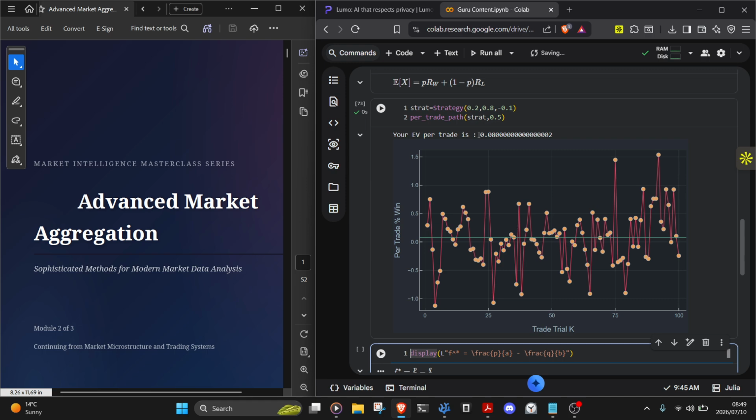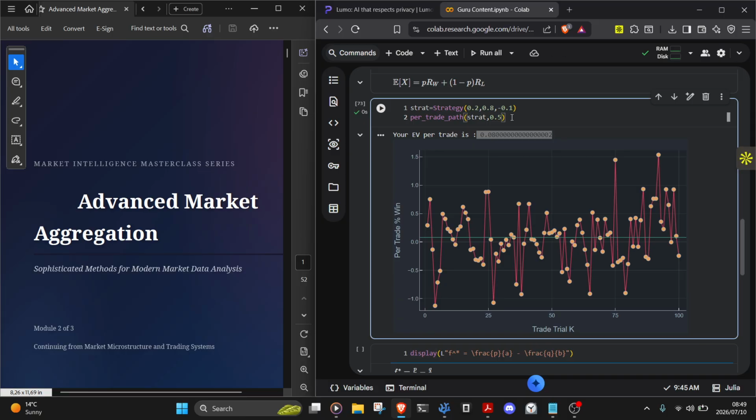As you can see, this is a positive EV strategy, right? Because even though the strategy has a 20% probability of winning, the average losing trade loses about 10%, and the average winning trade brings back about 80%.